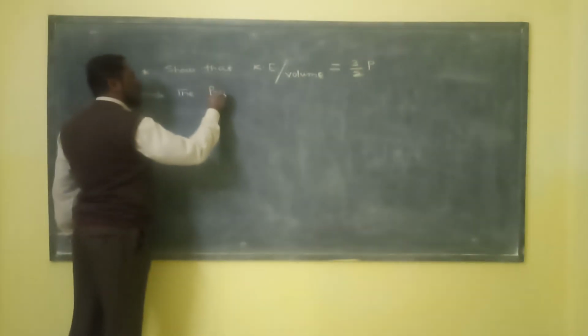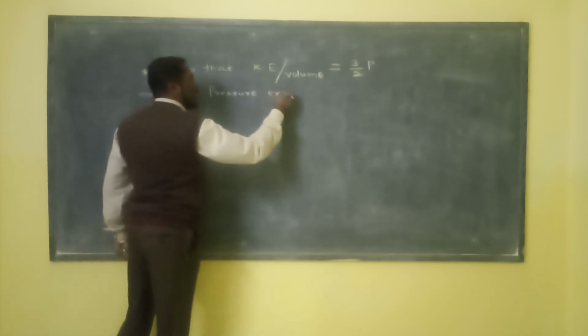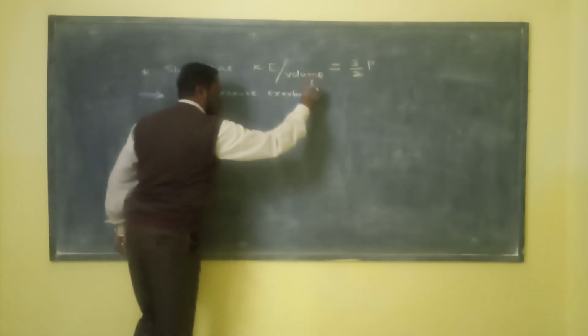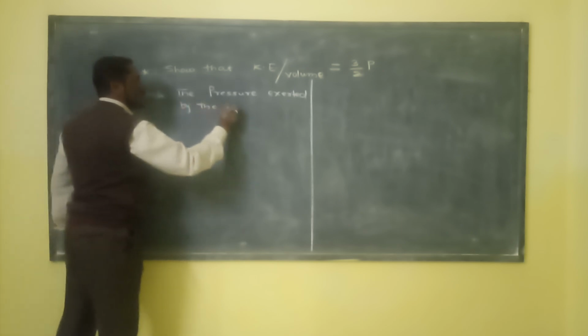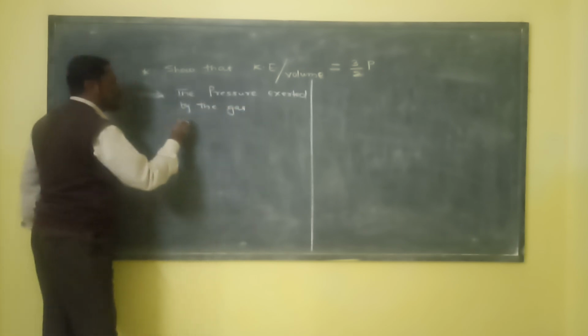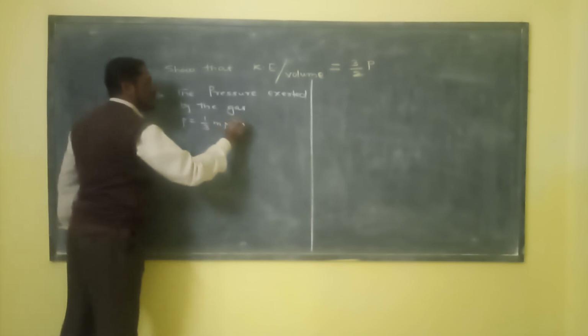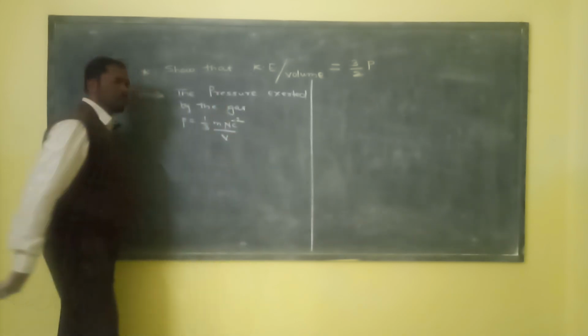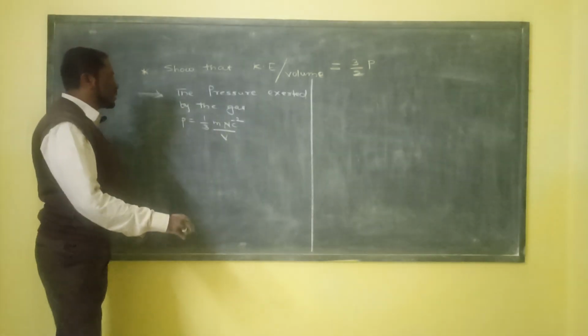The general formula, the pressure exerted by the gas, that is P is equal to 1 upon 3 m n bar C square upon V. This is the general formula of pressure exerted by the gas.